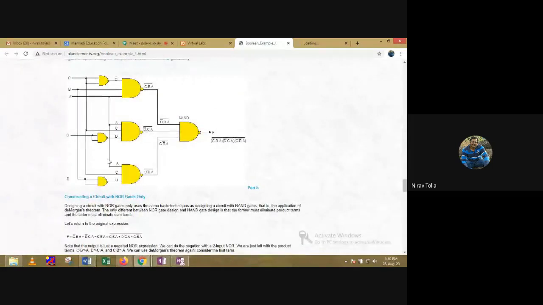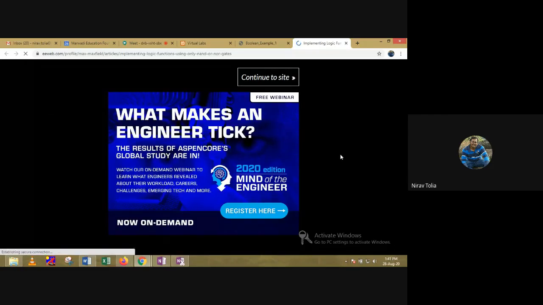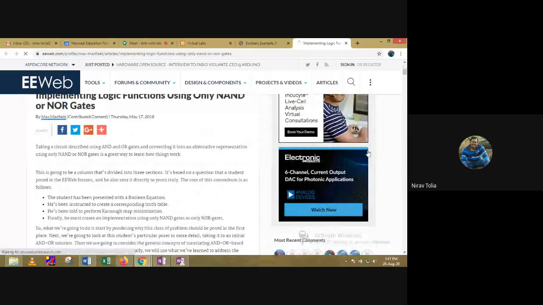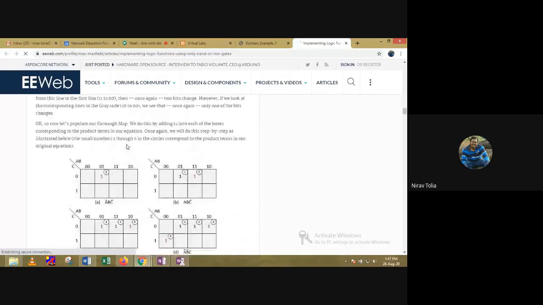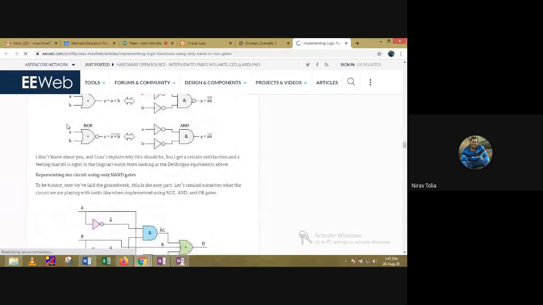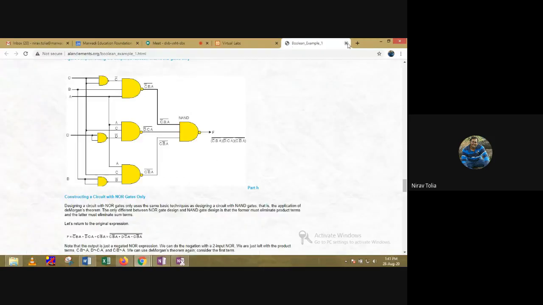See, this is the example which we studied today, and here is the link given. So you can see how to implement this by using NAND gate and NOR gate like this. In the same way you can use the book also.